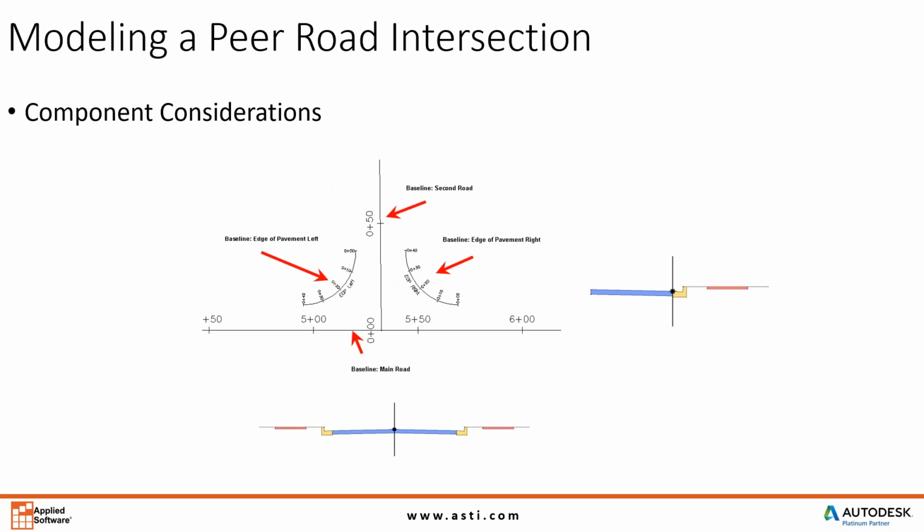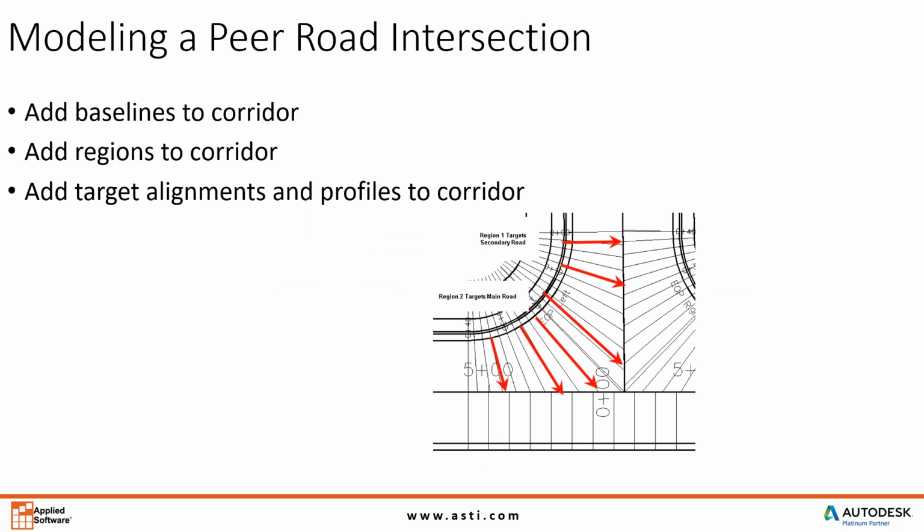So component considerations: assembly, baseline, edge of pavement, alignments for my curb returns. So those are the kind of things we need. And for drainage purposes, baselines, regions, and targets. So we get those cross slopes coming in, depending on what we want for the crown of our road, whether we want it all maintained or just one road as my crown.